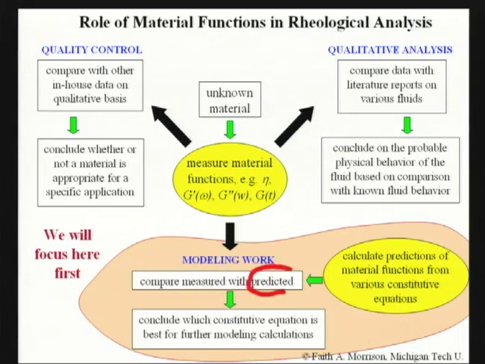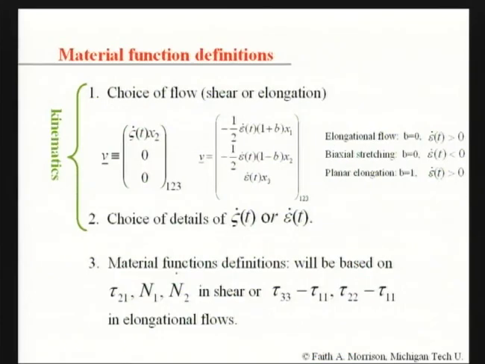We've predicted using the only constitutive equation we have, which is the Newtonian. In fact, we've also done a prediction with a fake constitutive equation that we came up with that we thought might be a nice improvement. So we're already doing these two things, measuring and predicting constitutive equations.